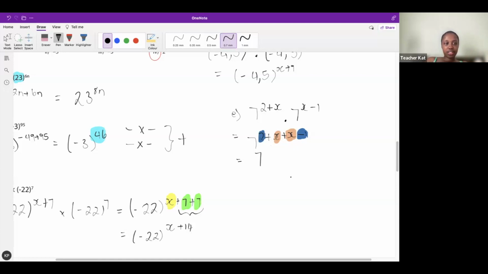Let's think carefully. 2x. It's not x to the power of 2. Okay, so it's 2x and then 2 minus 1. 2 minus 1 is plus 1.